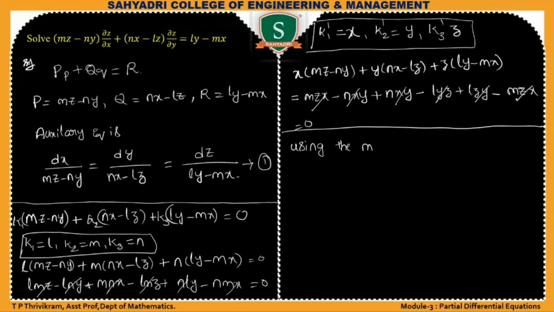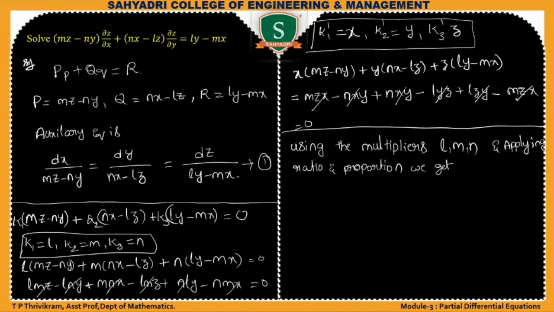Using the multipliers, first I will take l m n, and applying ratio and proportion.